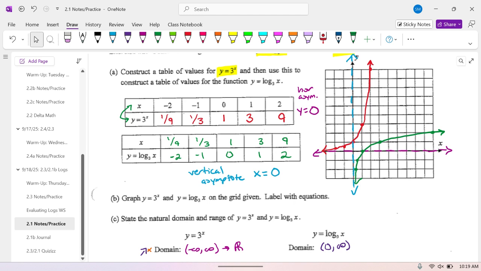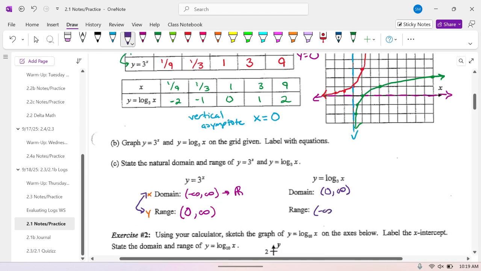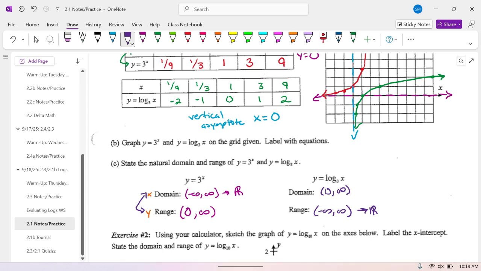So we continue on and it goes on forever to the right. And my y values are now all real numbers, so from negative infinity to positive infinity. And that's true because if you look at our graph, there's an arrow, which means it goes down forever. There's an arrow, which means it goes up forever.